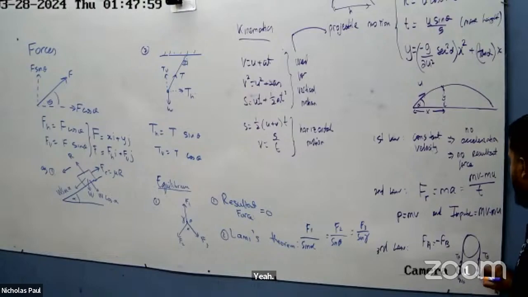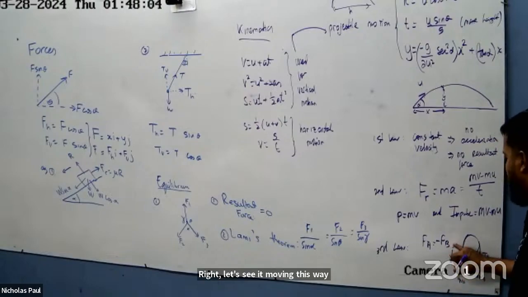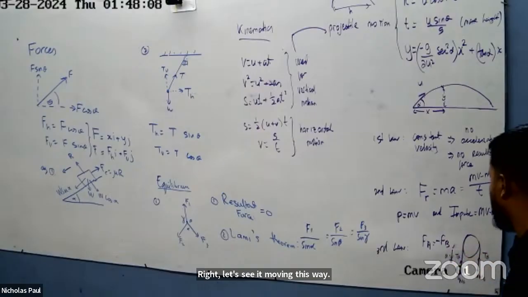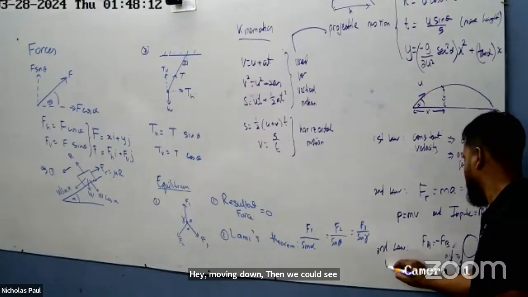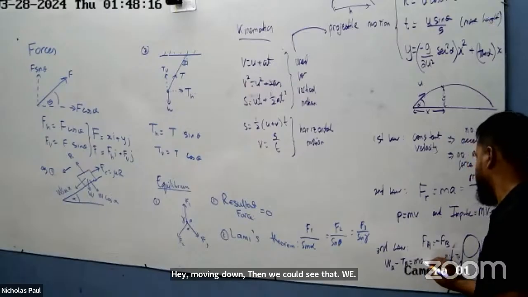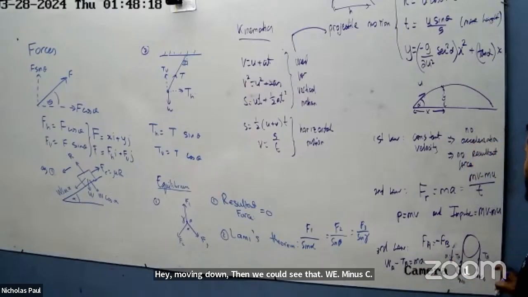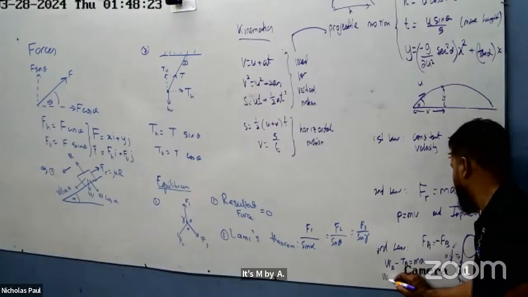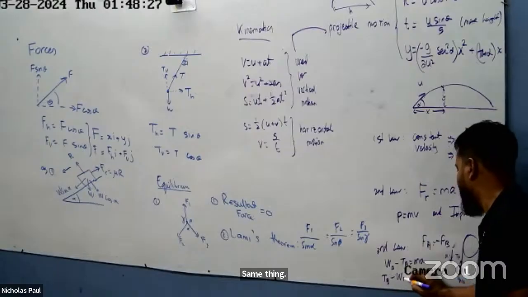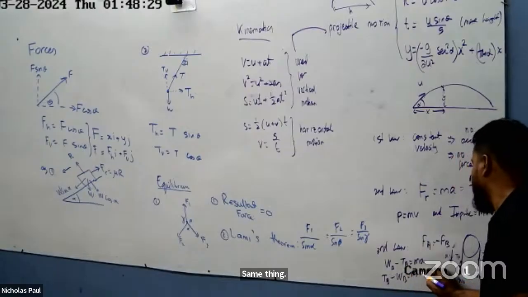Right, let us say it is moving this way. If it is moving down like that, then we could say that WA minus TA is M by A. Same thing here: TB minus WB is M by A as well.